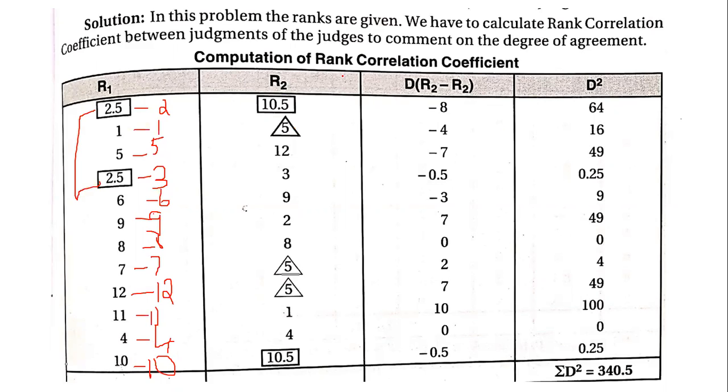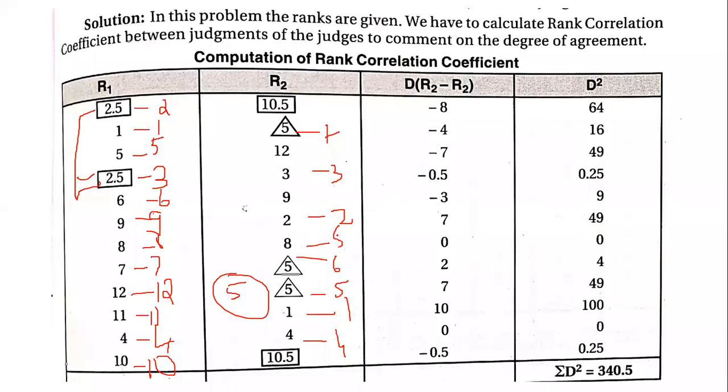Now coming to R2, or the second judge's ranks given. So here again check similarly. 1 is there, 2 is there, 3 is there, 4 is also there, but 5 is repeated 3 times. See, so it can be 5, 6, 7. Okay, so we have 5 being repeated, and here we have 2.5 being repeated. 5, 6, 7 is done.